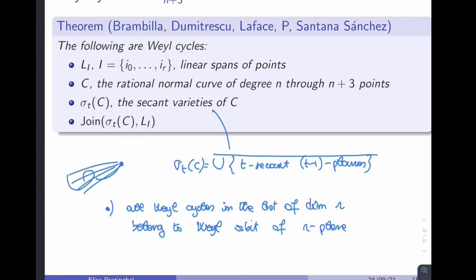So they behave like divisors. They all fit in the same orbit, and there's a unique such orbit. And the divisorial such cycles generate the effective cone as a semigroup.